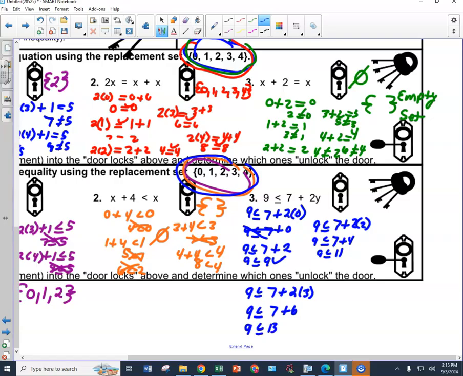And then last but not least, let's do the 4. 9, and we know it should work because it's getting bigger on the right side, which we want. 2 times 4. So this is 9 is less than or equal to 7 plus 8. What's 7 plus 8? 15. So 9 is smaller than 15 is correct. So in this case, all of the answers work. So 0, 1, 2, 3, and 4.